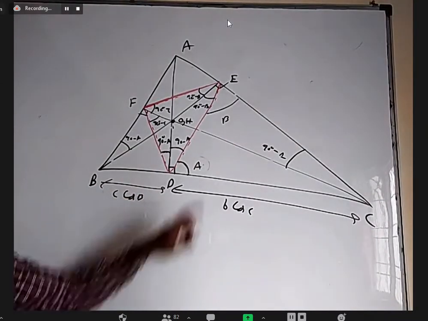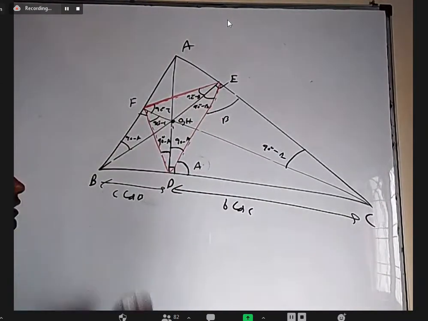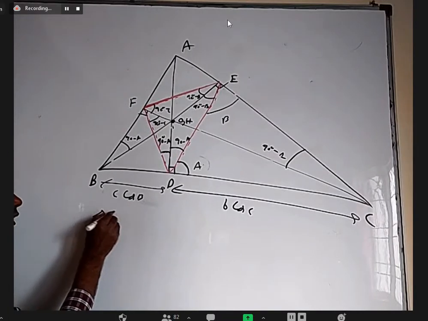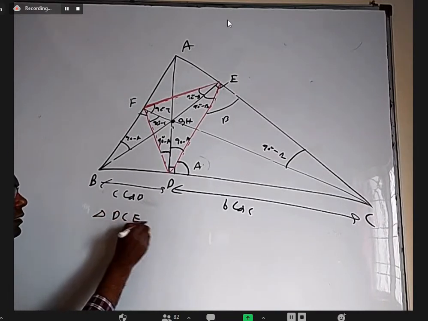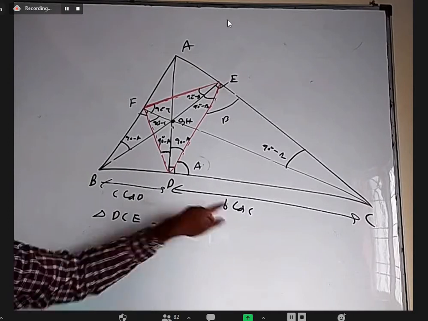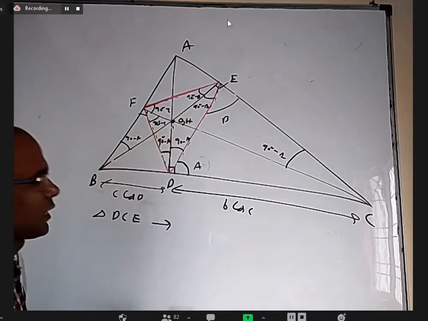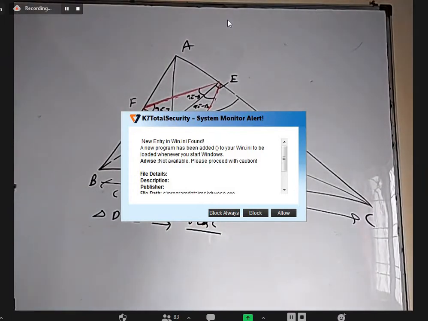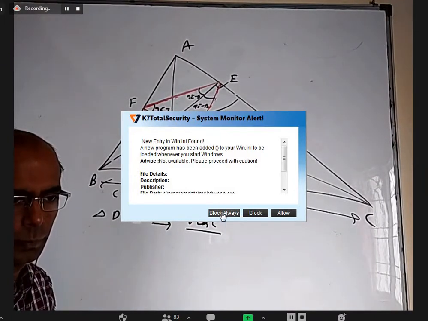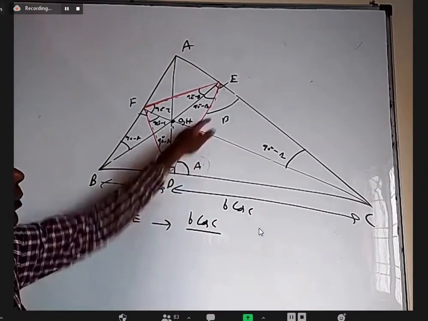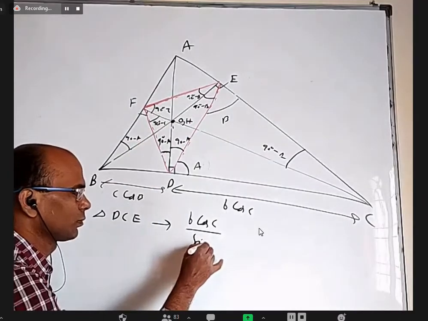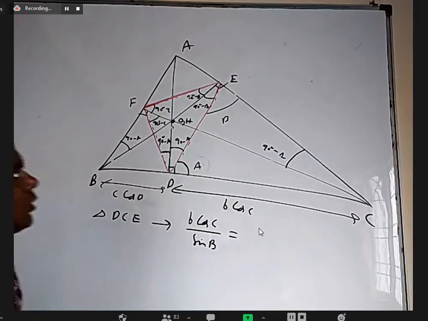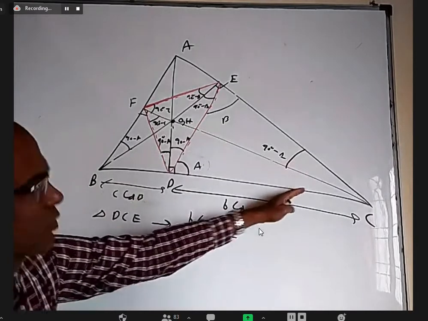Yeah. So if I take triangle DCE and apply the sine rule, this side over the sine of the opposite angle, that is b cos C over sine B, equals this side over the sine of its opposite angle.